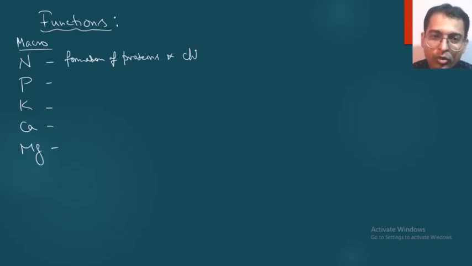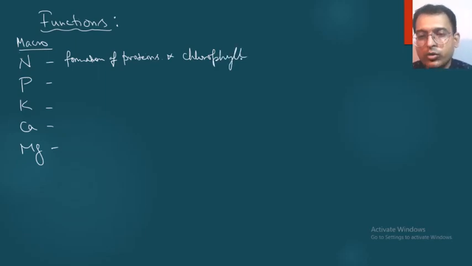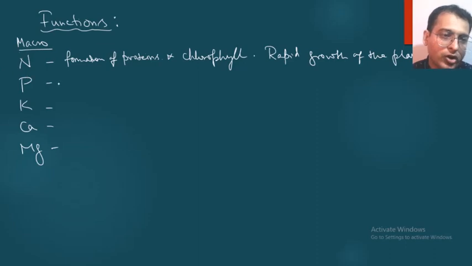And chlorophyll. Chlorophyll also has nitrogen groups in its structure, and this is required for the rapid growth of the plant. Next, phosphorus.